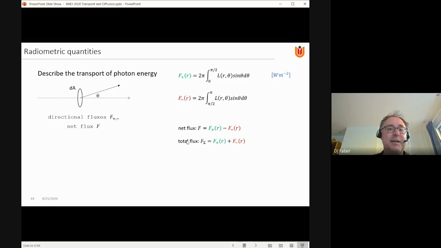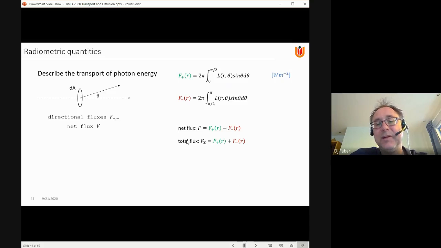Other convenient quantities are energy fluxes, directional energy fluxes, or power fluxes. We can again define an area dA and look at the power flowing through that area, integrating the escaping or transmitted power over a half solid angle.